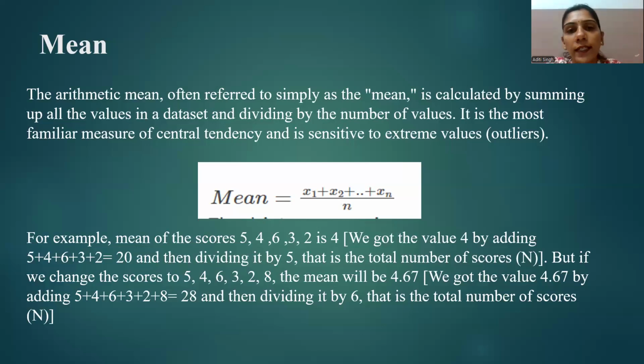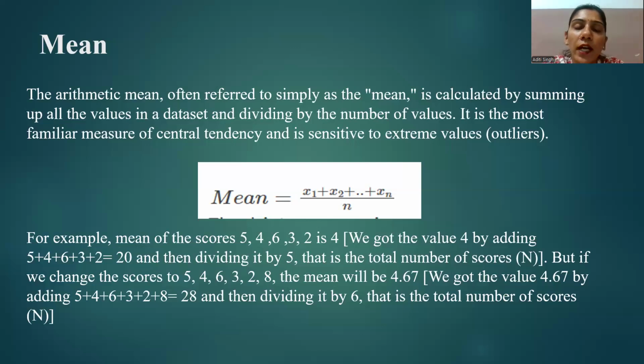Further statistical techniques can be computed based on mean, thus making it even more useful. So mean is the total of all the scores in the data divided by the total number of scores.